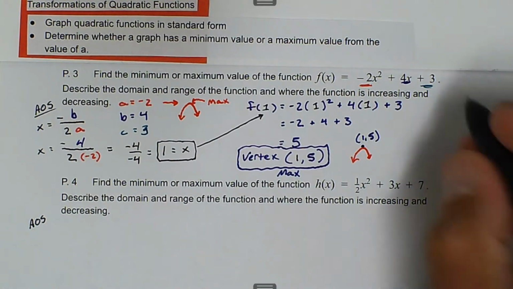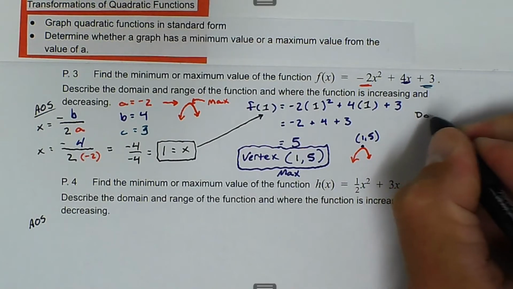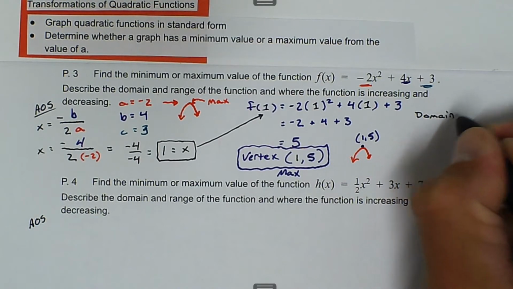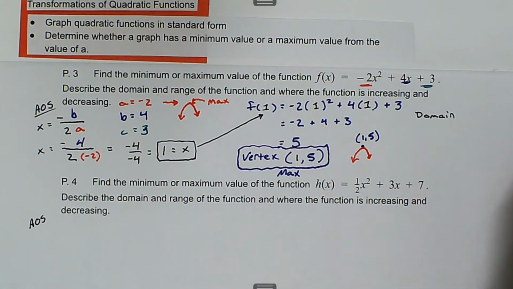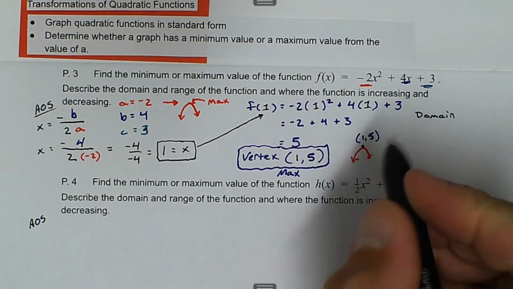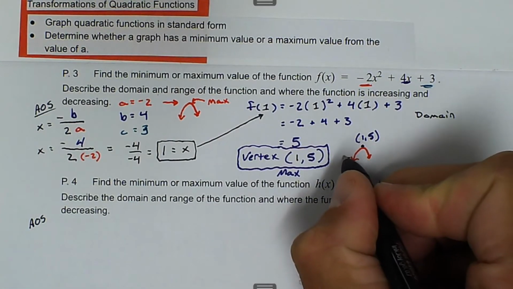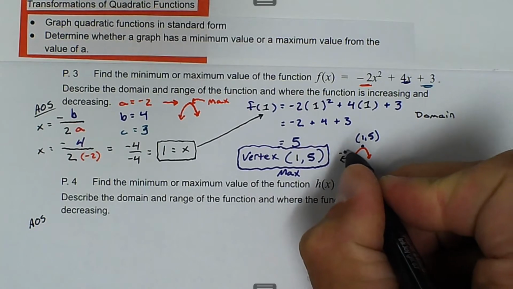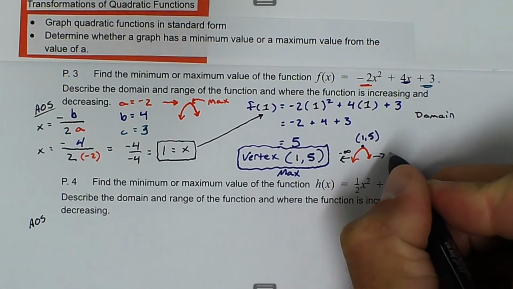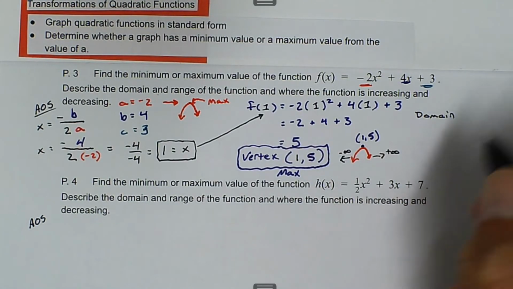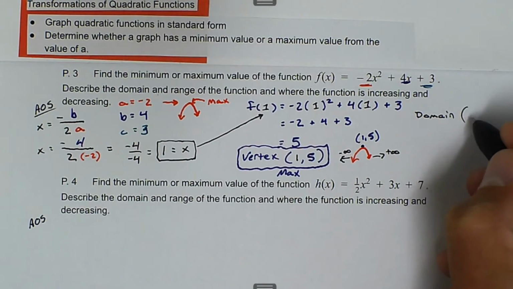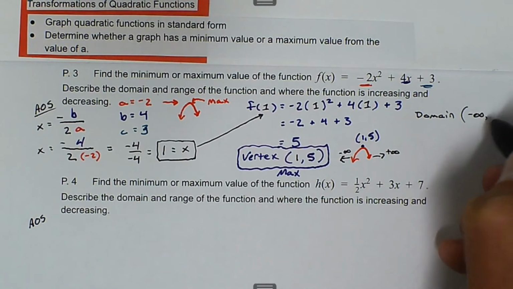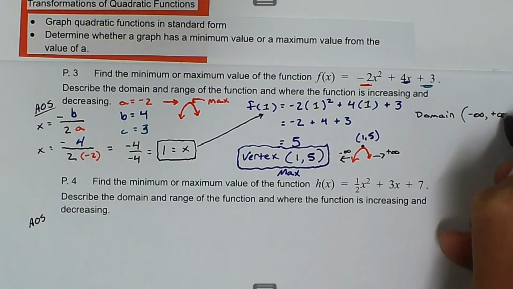The domain is the x values. The domain always goes from negative infinity to positive infinity. We can never count to infinity, so negative infinity to positive infinity.